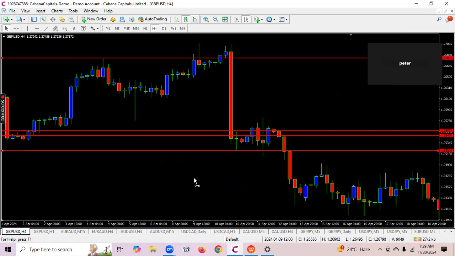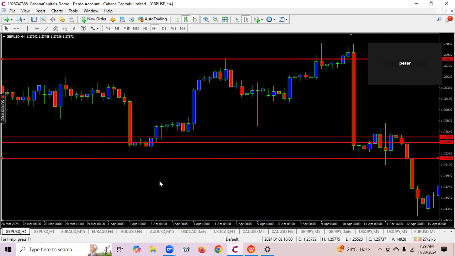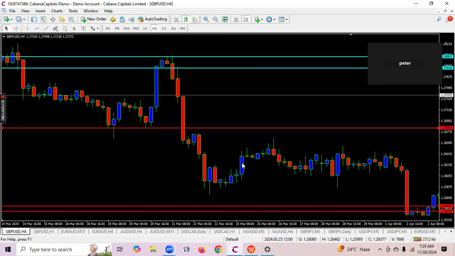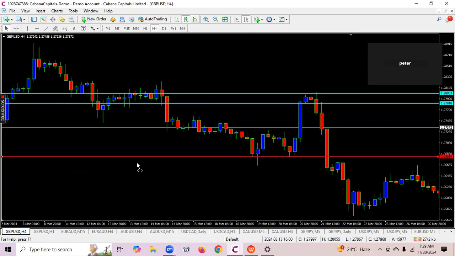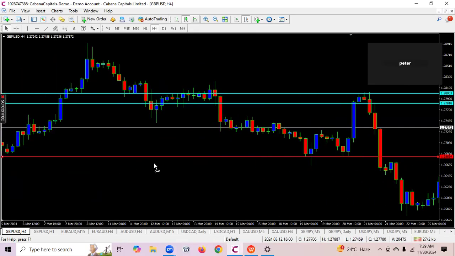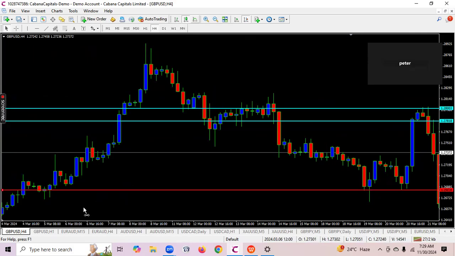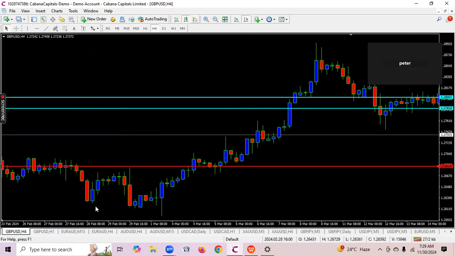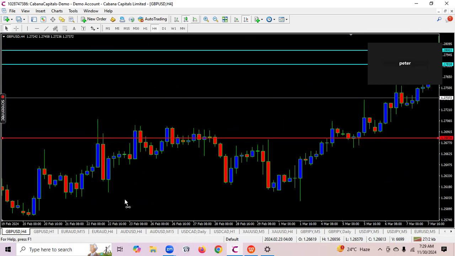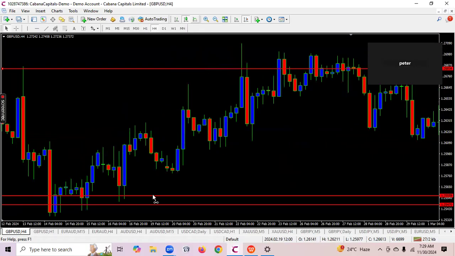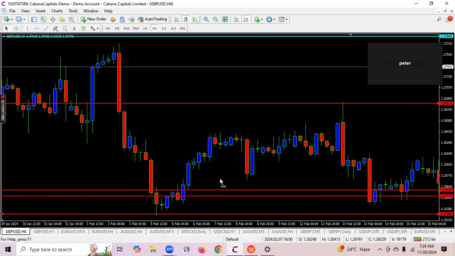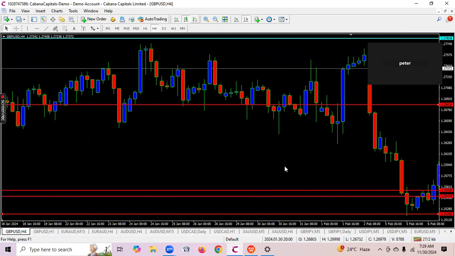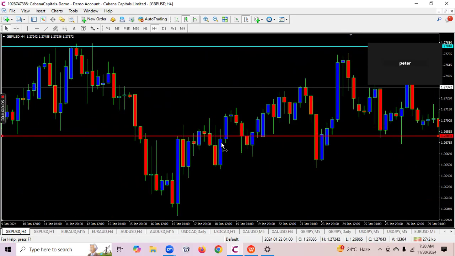So that is what a hammer looks like. Let me look for one more example of a hammer.